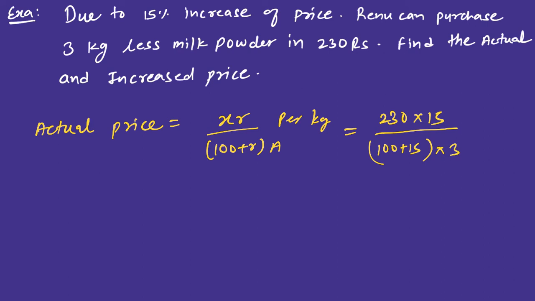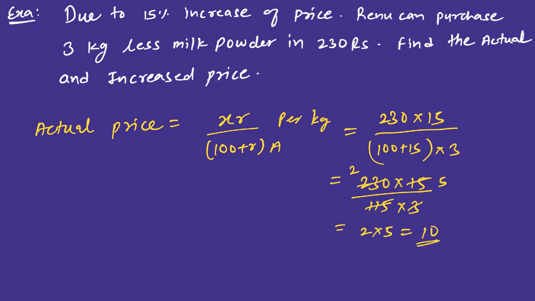So I can simplify this: 230 into 15 divided by 115 into 3. When I cut this 15 by 3, I will get 5. When I cut 230 by 115, I will get 2. So I can say 2 into 5 equal to 10 rupees per kg. So this is the actual price.